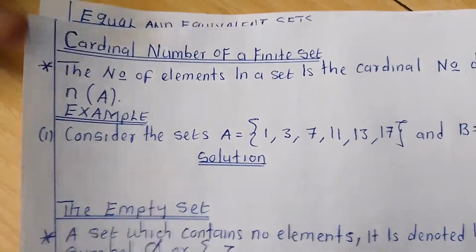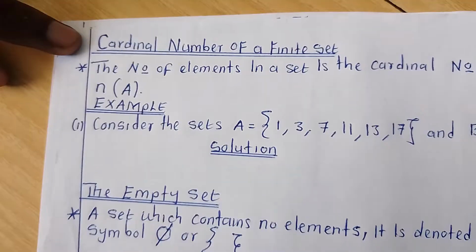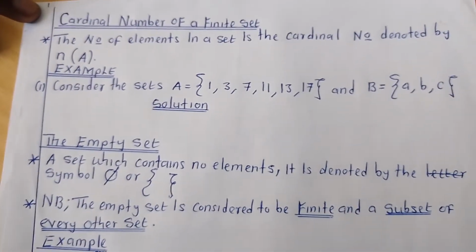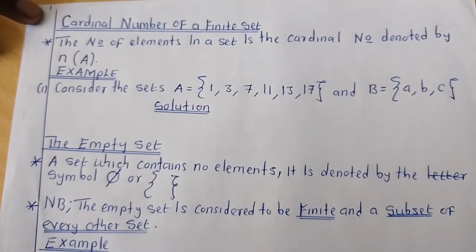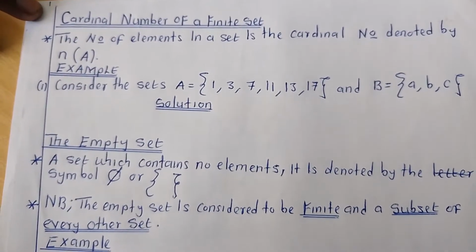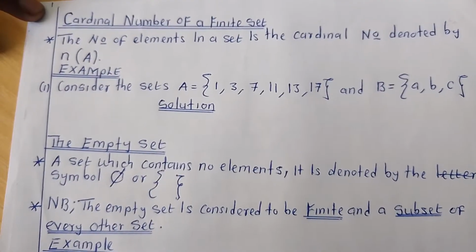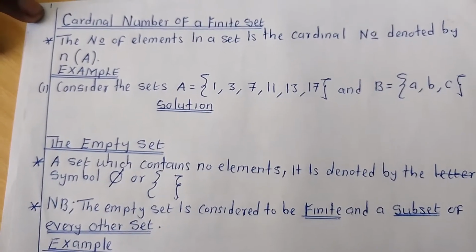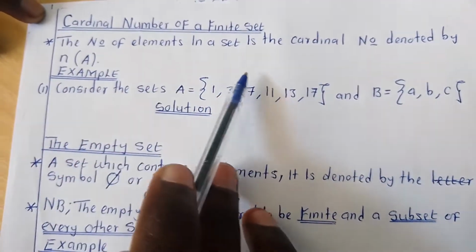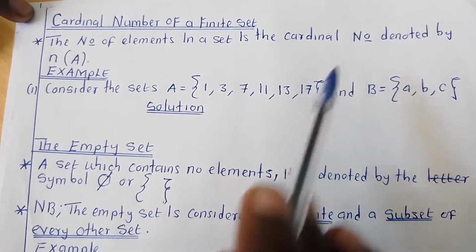Now, let us look at the cardinal number of a set. When we say cardinal number, what exactly are we talking about? The number of elements in a set is the cardinal number.